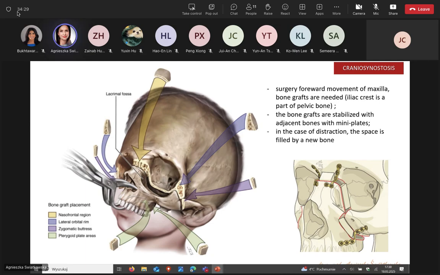In the case of distraction, the newly formed space is filled by new bone. But remember that during one day, if we make 4 activations of this distractor, we achieve 1 millimeter of space. Here, the space is much bigger during operation.